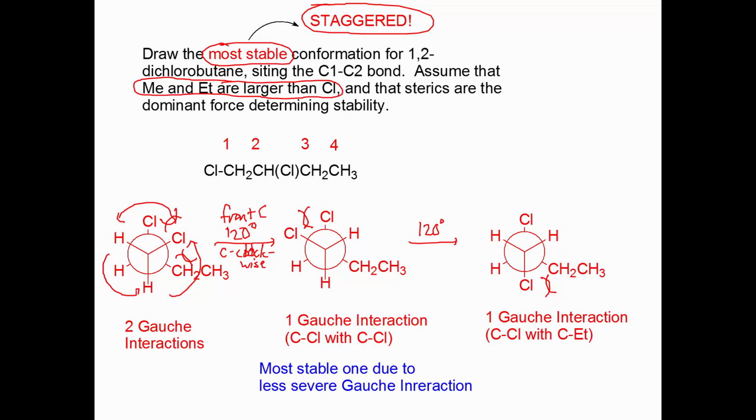So that's going to be more severe than the gauche interaction that only involves chlorines, which are smaller. Okay, so we're going to select the middle one here as the most stable one due to having less severe gauche interactions. Okay, I found a typo. I didn't spell interaction correctly. Okay, so let's fix that.